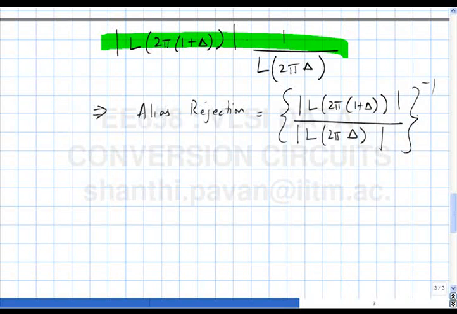And as delta goes to 0, you can see that this goes to infinity, because at DC the loop filter has infinite gain. So at all multiples of 2 pi you will in fact have a notch.